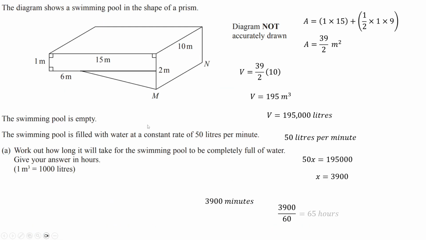Well, let's look at the way that this prism is made. At the bottom here, everything is very close together. So you'd expect the height of the water to increase very quickly at the beginning. And then when we get to around here, the height is going to increase very slowly because it's got a wider area to first of all fill before it can start moving up to the next layer.